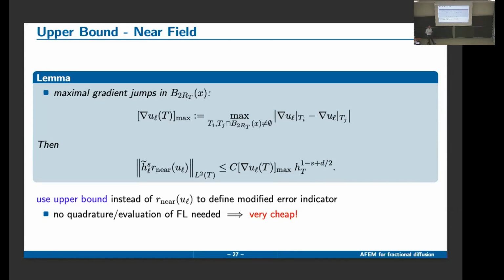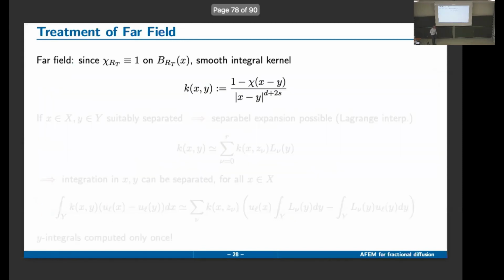We use the upper bound for our computation. And this is computed super cheaply. There's no quadrature, no evaluation needed. Okay, what about the far field? The second part, the remainder where we have cut out everything, has a kernel which looks like this. This is for people who worked in compression techniques.